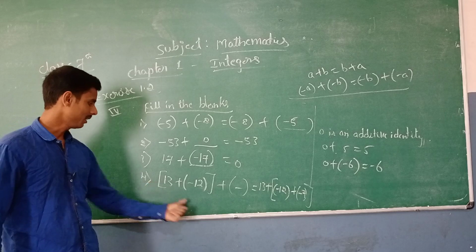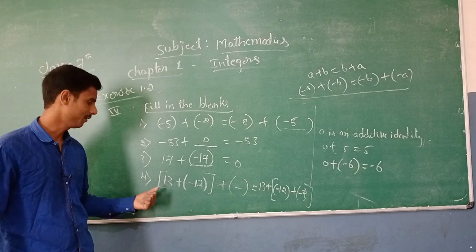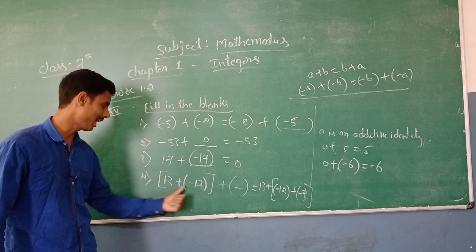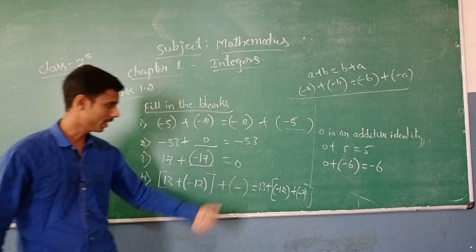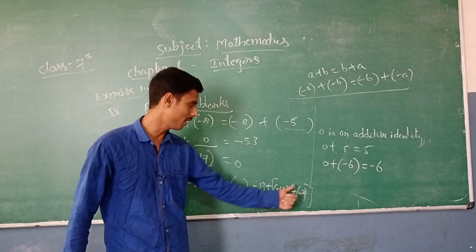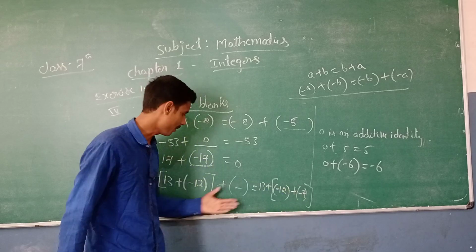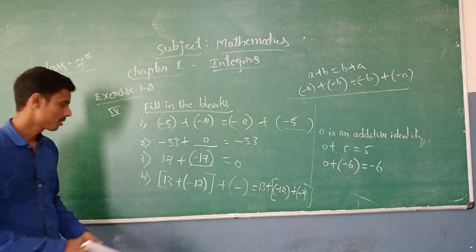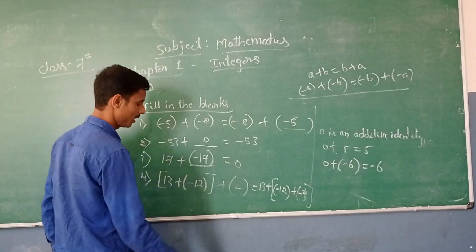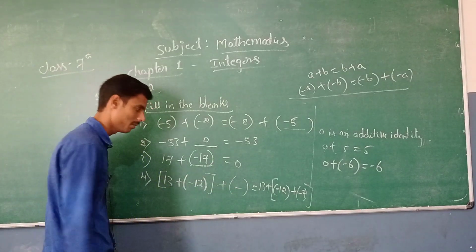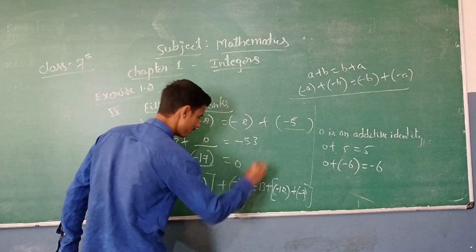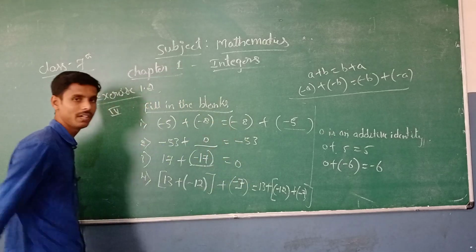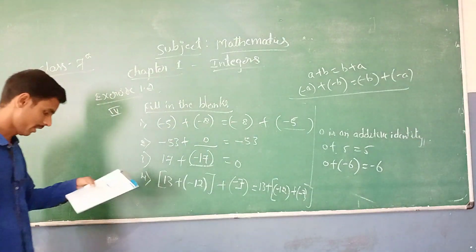On the left hand side, we have a bracket for 13 and -12. On the right side, we have a bracket for -12 and -7. So which property is this? This is the associative property, right? So 13 plus of -12 plus of what we have to write? -7. We should write -7. Clear? Next.